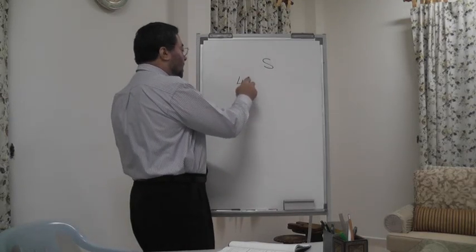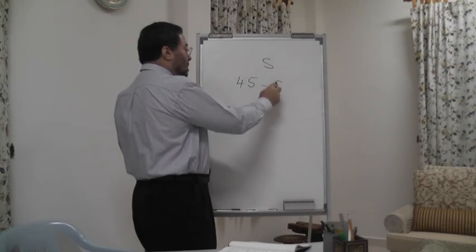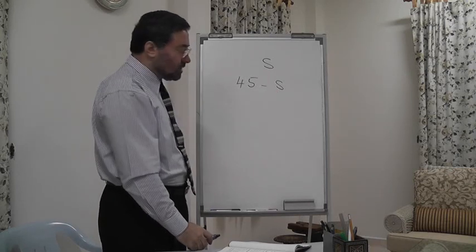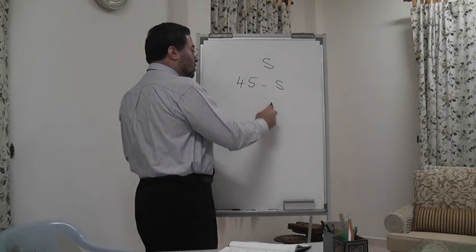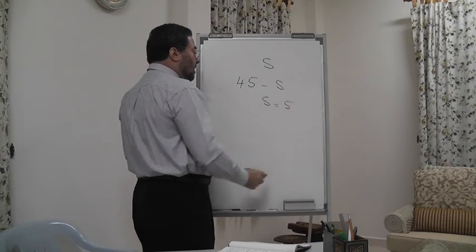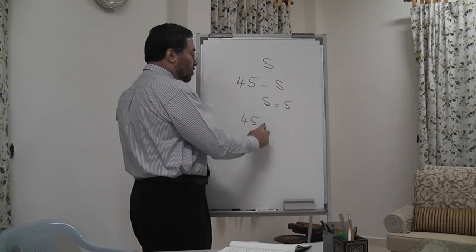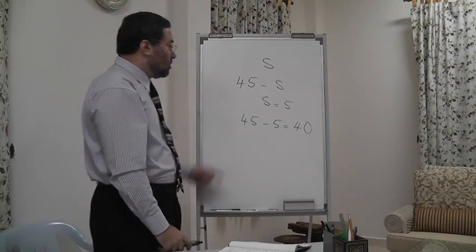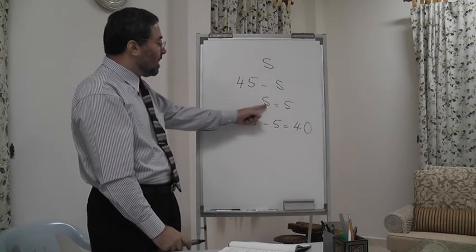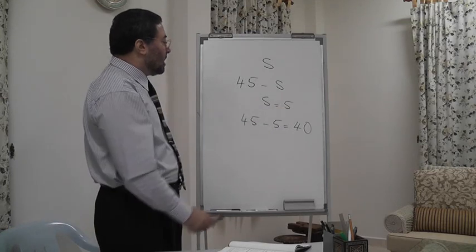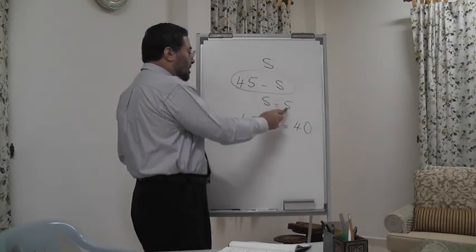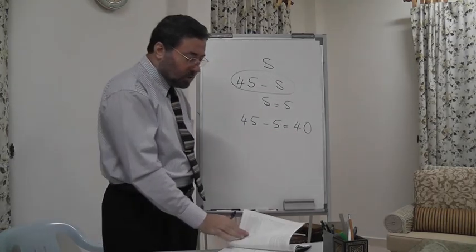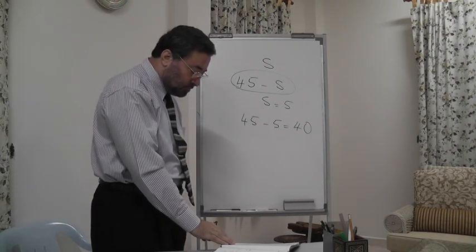So if I have 45 and I decrease it by S, it means I took away from it an amount which is S. At this point, I do not know how much is S. If it turns out that S is equal to 5, then my total will be 45 minus 5, and that will be 40. And I have evaluated this algebraic expression for the value of S equals 5. And this algebraic expression for S equals 5, this whole thing will be equal to 40. So this is what my algebraic expression means.